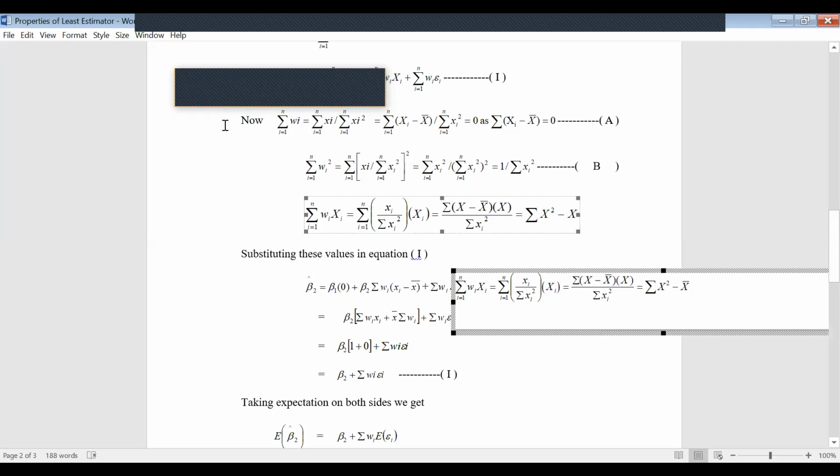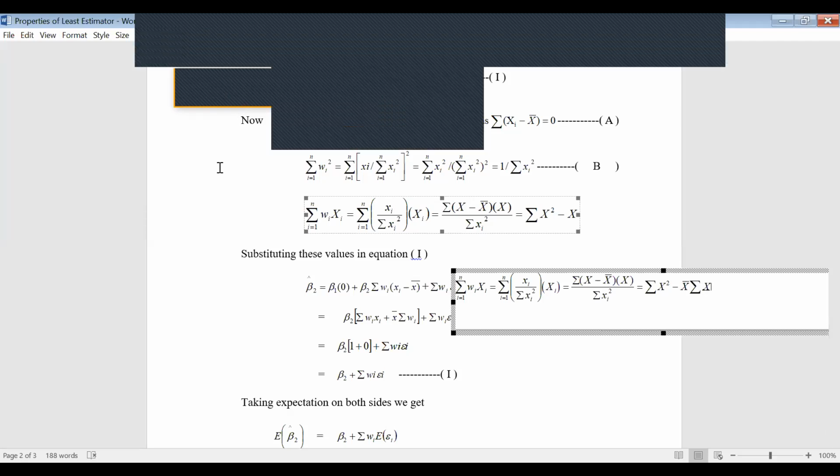Let me first clear it. I will explain it to you. Don't worry. This is very simple, but here is a small mistake of using capital Xi instead of small xi, and we have summation x. So summation xi square minus x bar in summation xi, and what was its value?